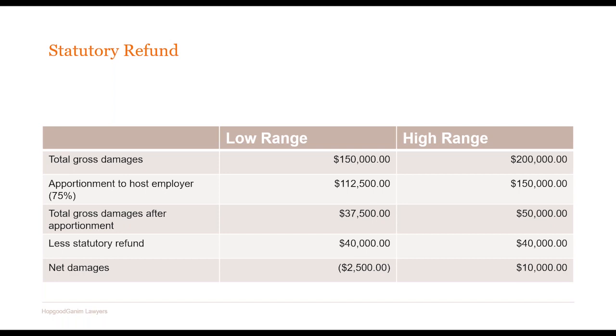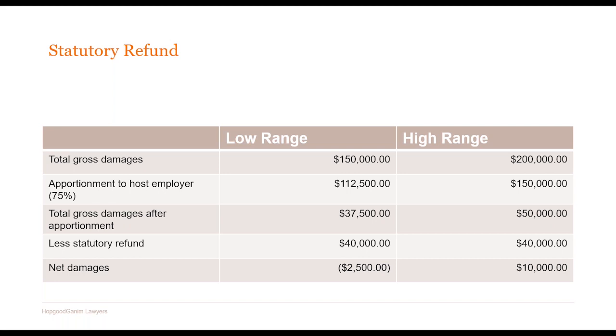Now, this is the important bit to understand when you're speaking to your WorkCover lawyer, is the difference between gross damages and net damages. So the amounts that were paid in weekly benefits, that is the amounts compensating time off work and also the medical expenses paid by WorkCover, are all refundable to WorkCover from any damages award or settlement.